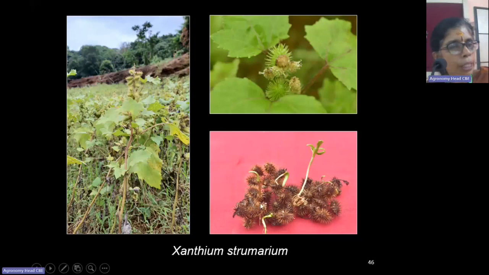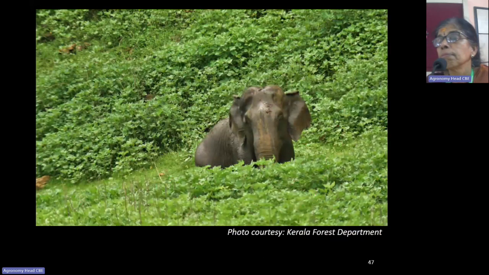This is the seed germinating, and because it is an irrigation project, through the water in the catchment area, in the dam area itself, when the water recedes, the plants germinated. In the summer, it occupied the entire area, so that even the grazing of wild animals was affected. This is a photograph taken by the Kerala Forest Department.